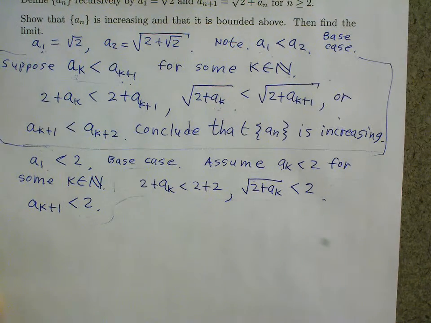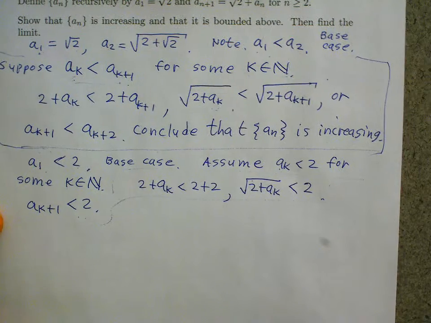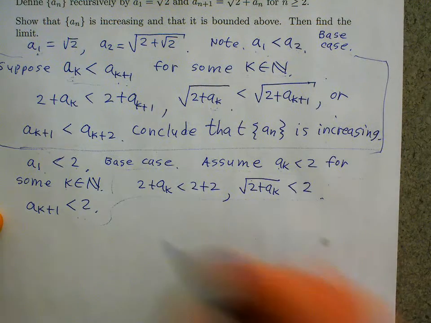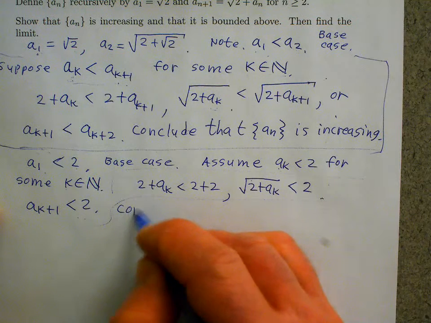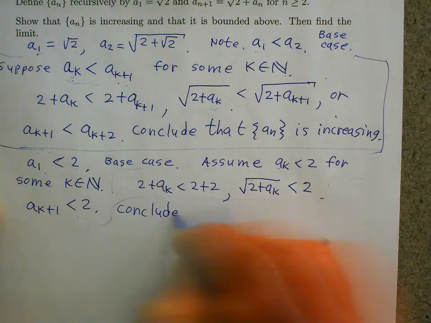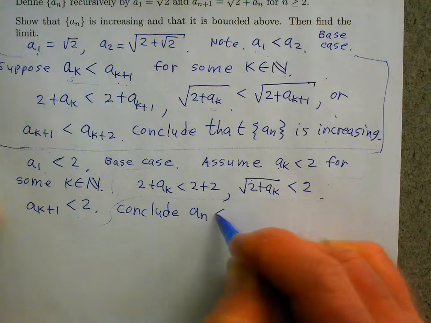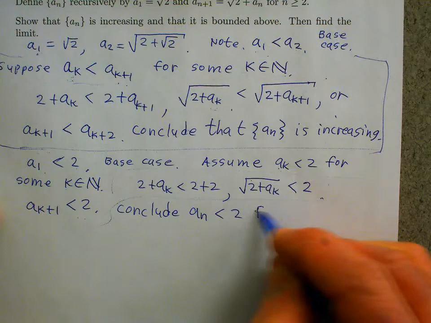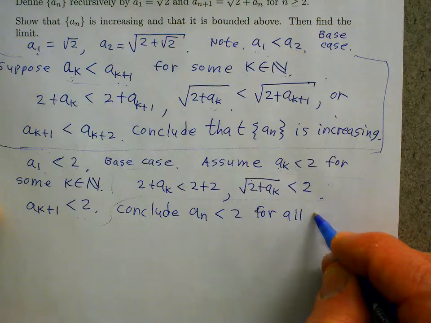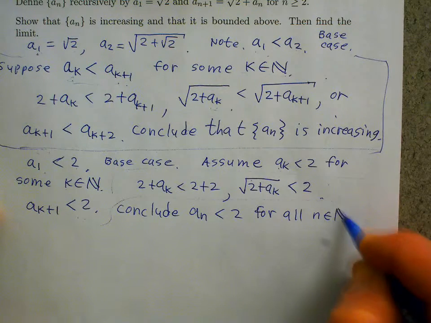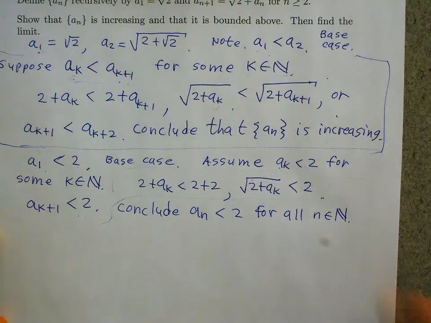So every term in the sequence is less than 2. So we conclude a sub n is less than 2 for all n.